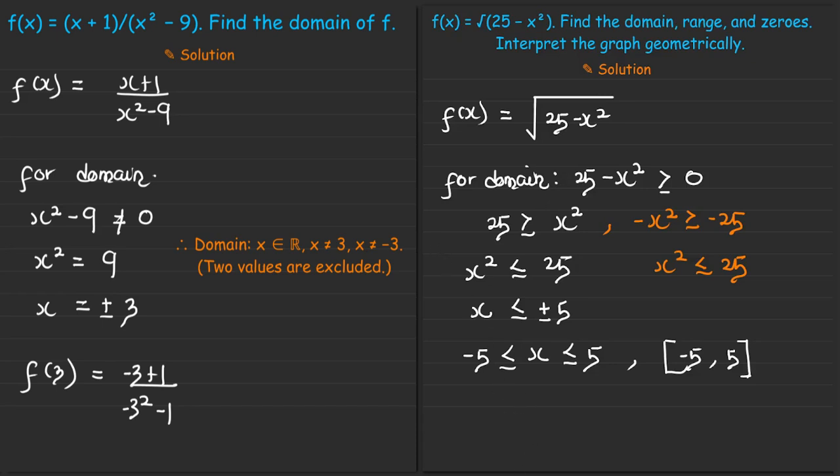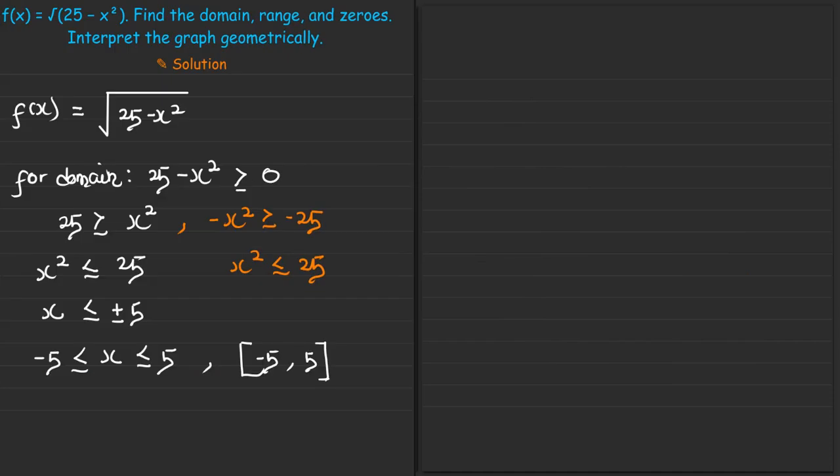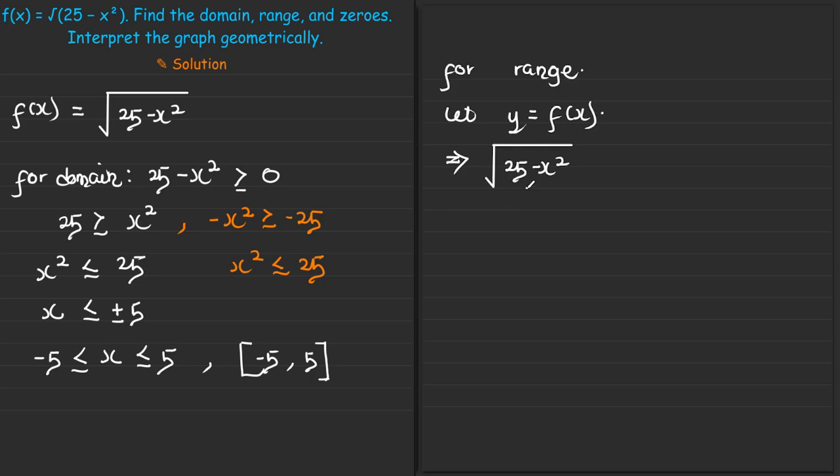You remember how we were able to work for the range. For range, we said that we should always let our y value be equal to f of x. And if y is equal to f of x, then it simply implies that f of x, which was the square root of 25 minus x squared, is equal to y.